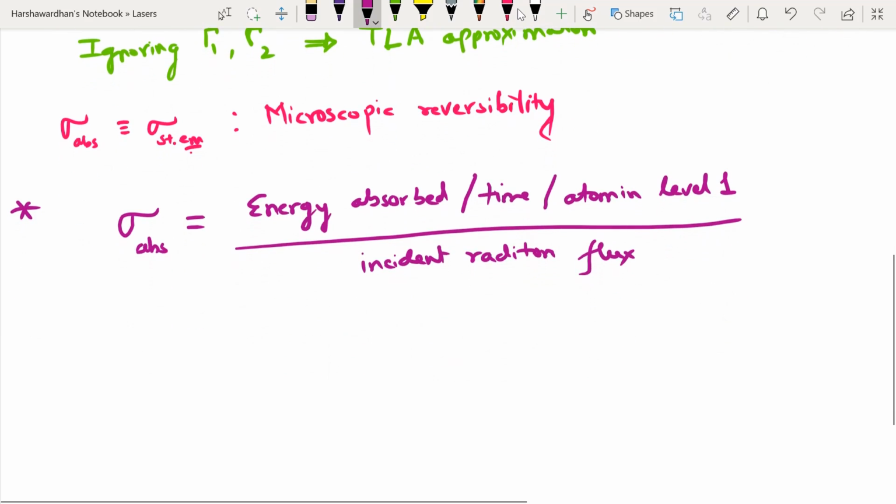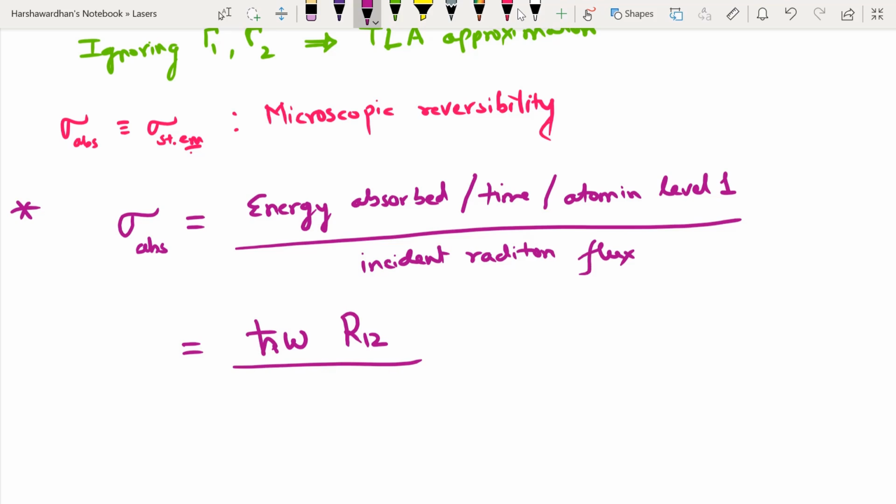So essentially it is a ratio of these rates. So let us figure it out in the context of what we are looking at. The amount of energy absorbed is h cross omega, where omega is the frequency of the field. And let me call R12 the rate of absorption, that is absorption per unit time. And I'm dividing this by the incident radiation flux, which is basically the intensity of light that is coming to me.